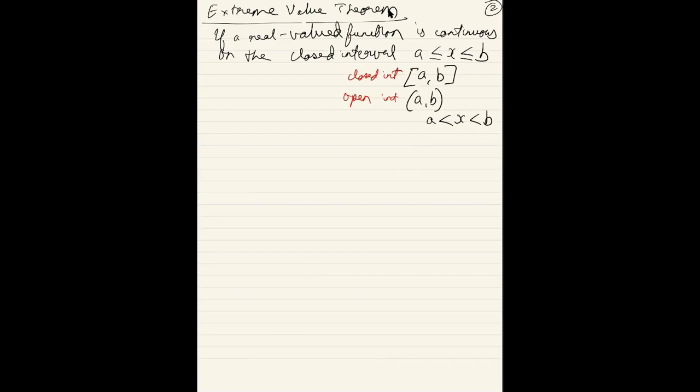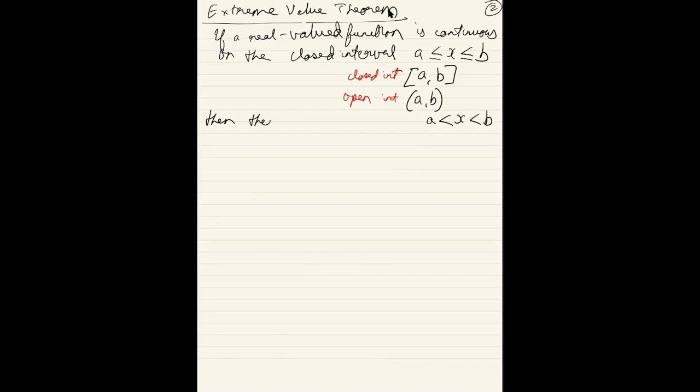So what it says is that if a real valued function is continuous on the closed interval a less than or equal to x less than or equal to b, then we must have a maximum and minimum for this function on this interval at least once.